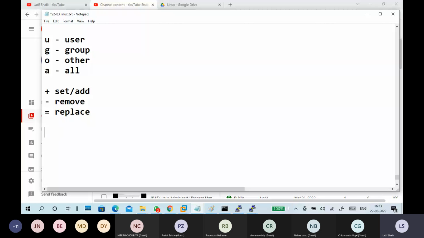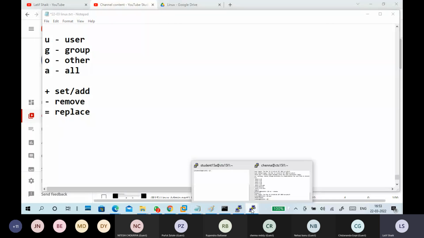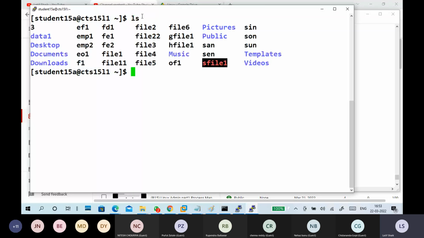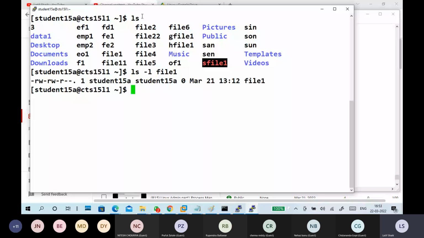So let's see how these permissions work. Guys, this is my student one user. ls, we have a lot of files, ls -l. I choose a certain file, myfile1. This is the permission set.